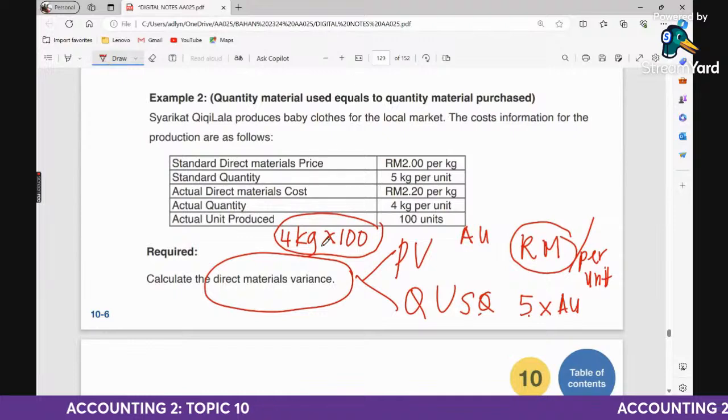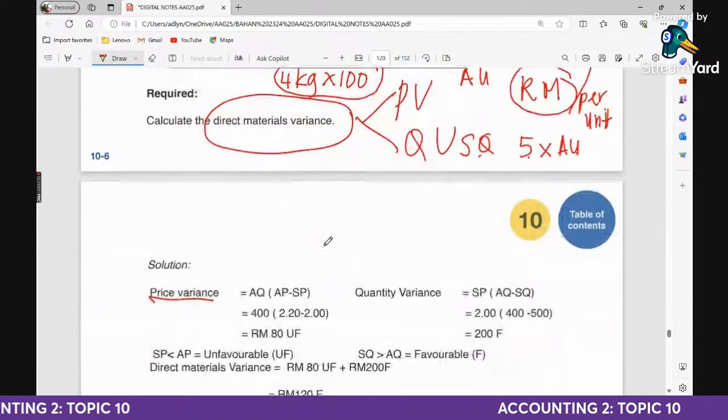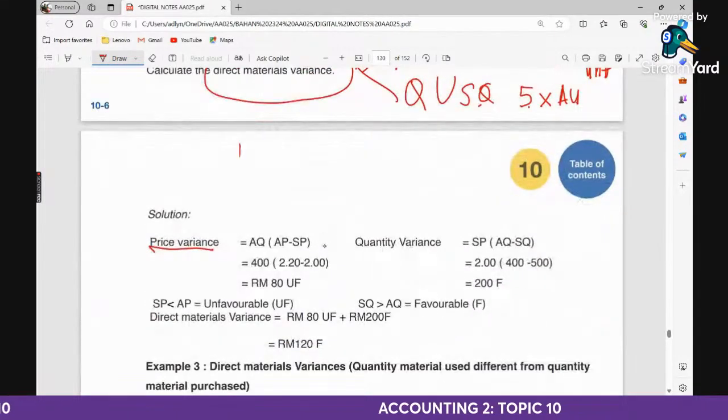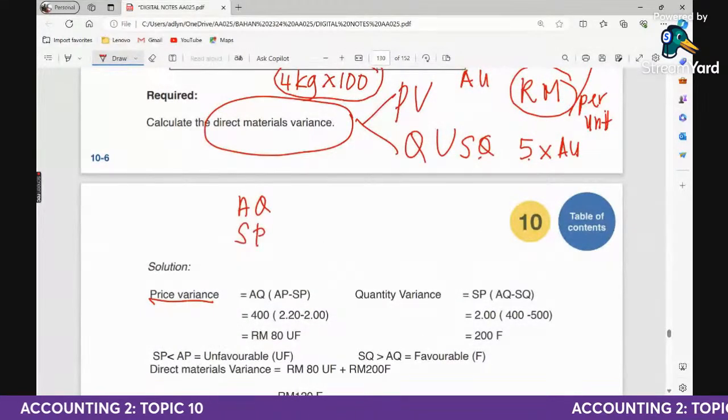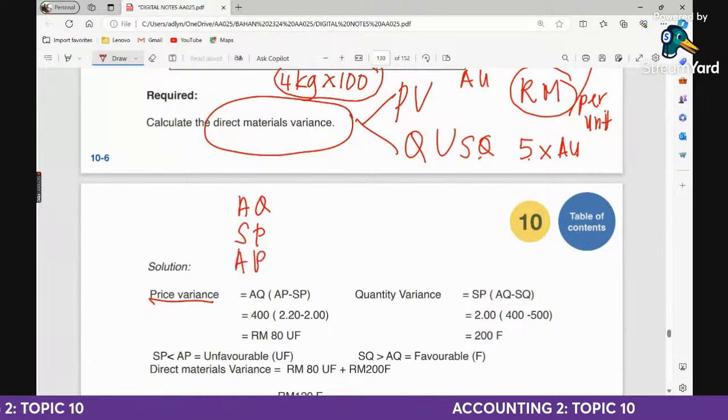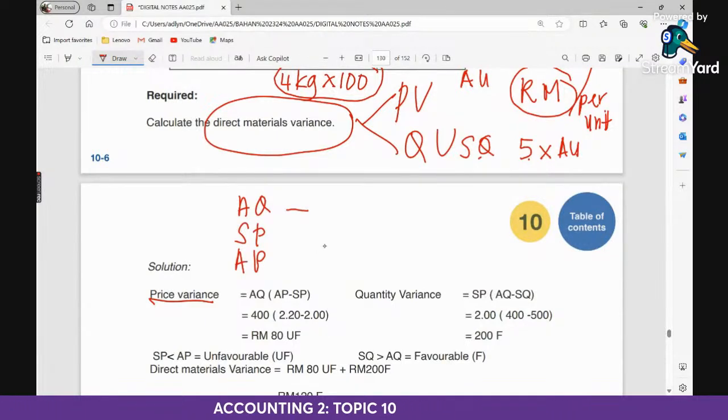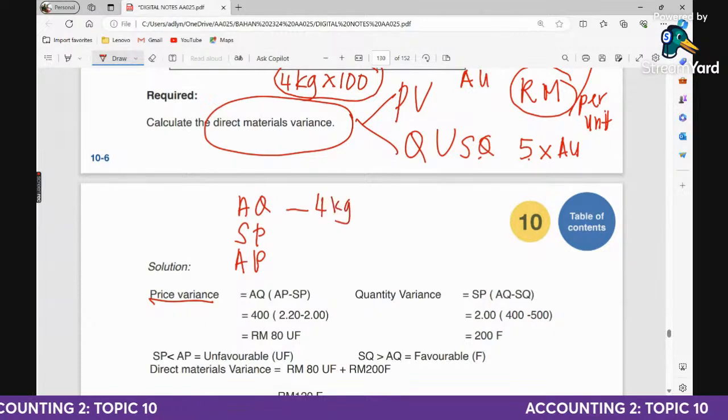Okay, so what happened here in this question, you ada AQ, and then you ada SP, dan you ada AP. Dalam soalan, your AQ ialah 4 kg, tapi itu ialah AQ per unit.